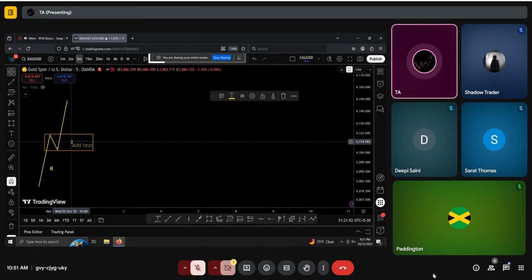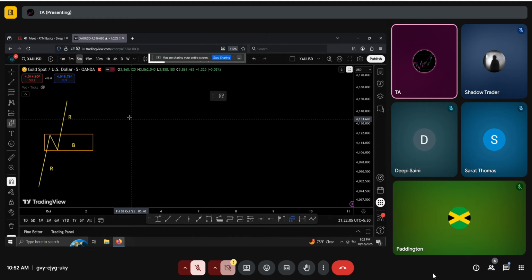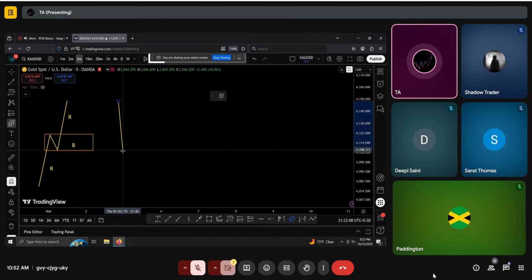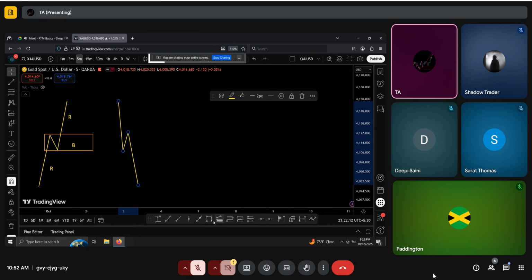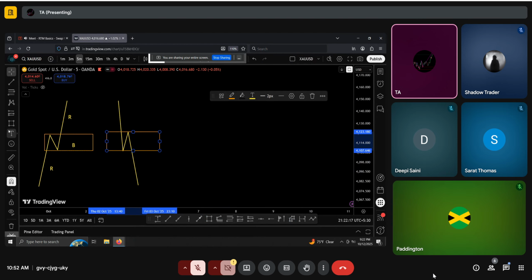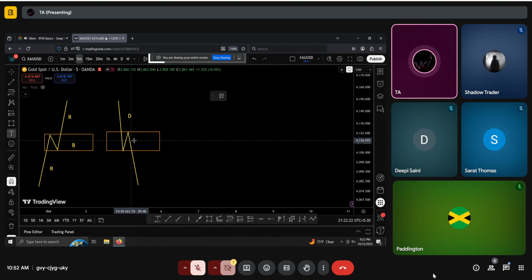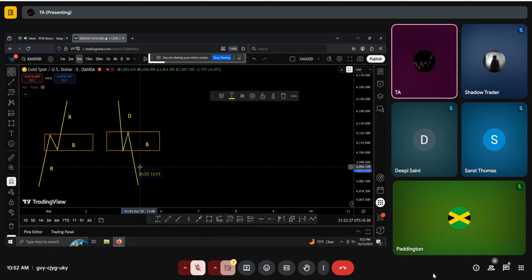We call this base, and this one is rally. On the bearish side, we call this drop base drop. So this one was our drop, and this base, and this drop.